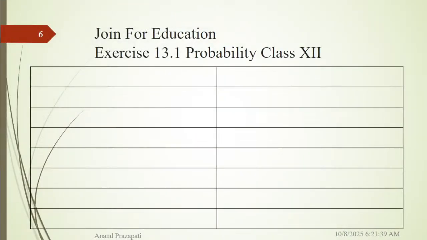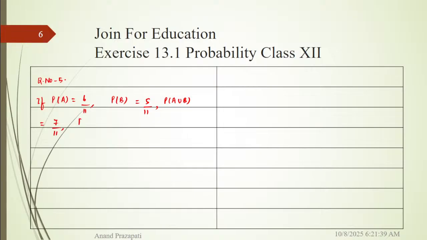Let's solve question number 5. This is question number 5. If probability of A equals 6 by 11 and probability of B equals 5 by 11 and probability of A union B equals 7 by 11.